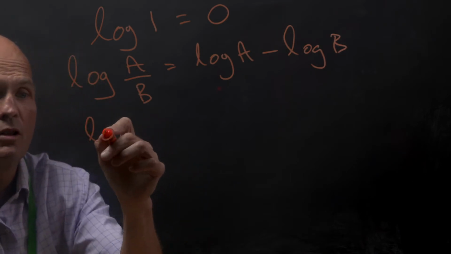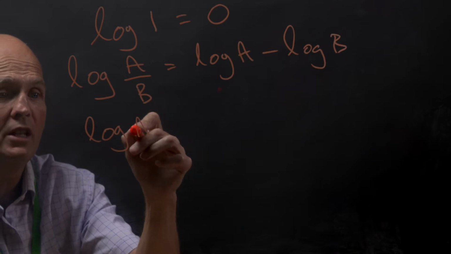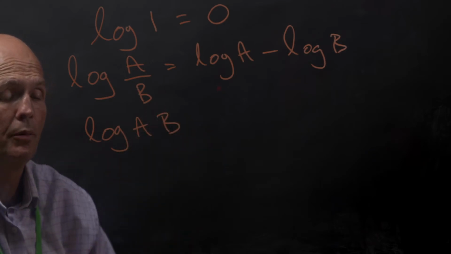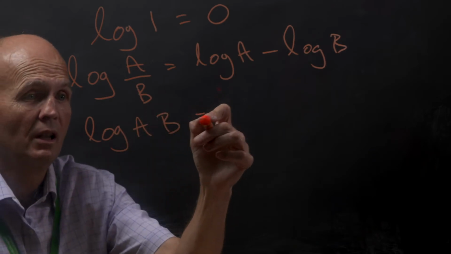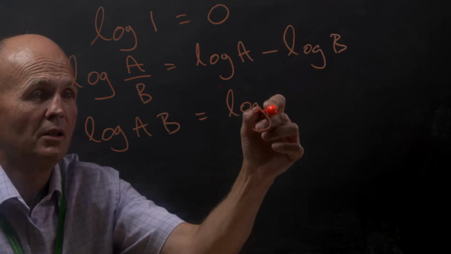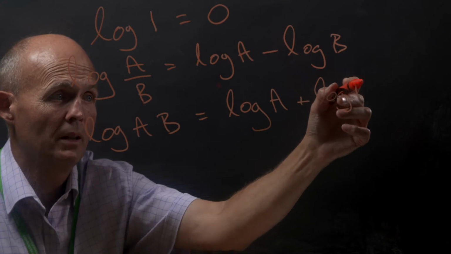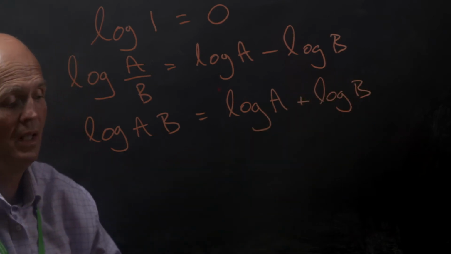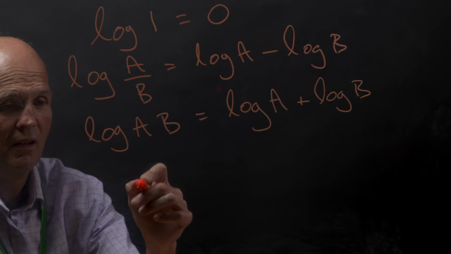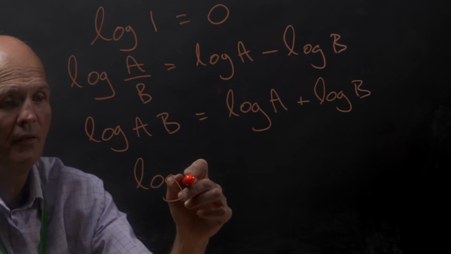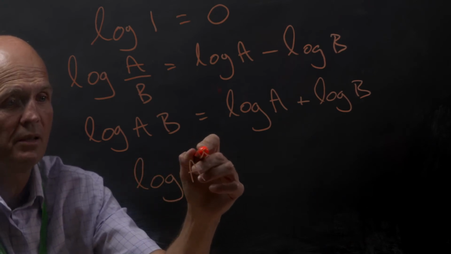The other rule that's very useful is the log of a times b, where you've got the product of two variables. For this particular case, this splits into log of a plus the log of b. Another important rule is when we have the log of a to the power x.